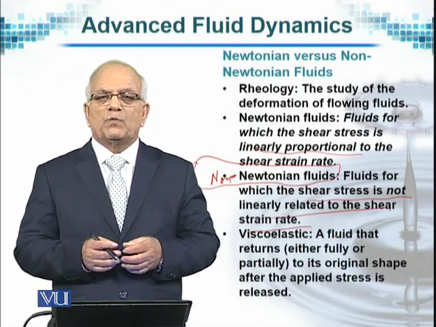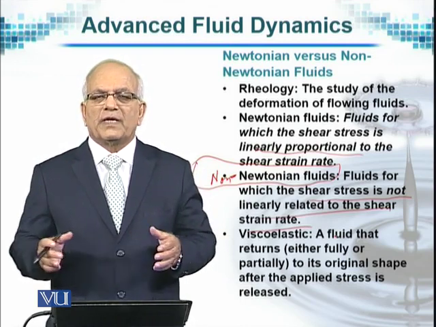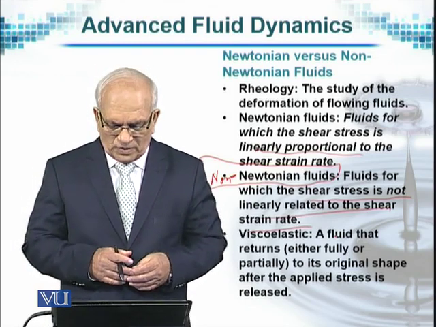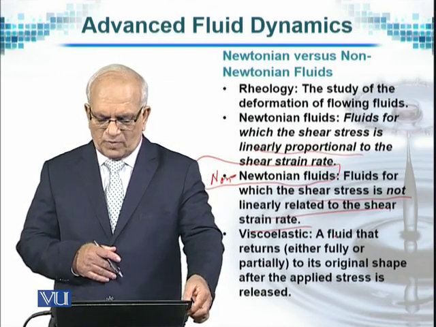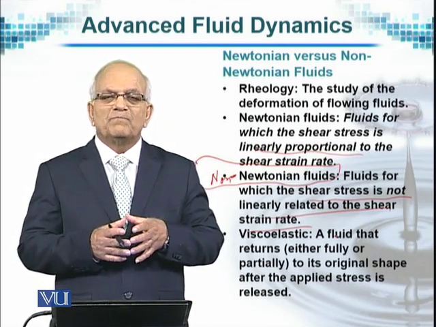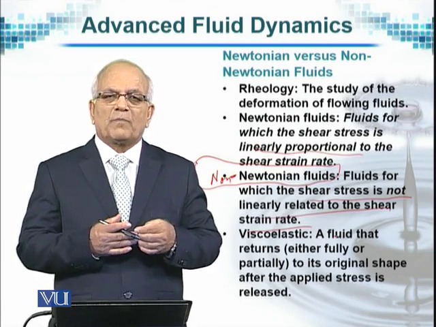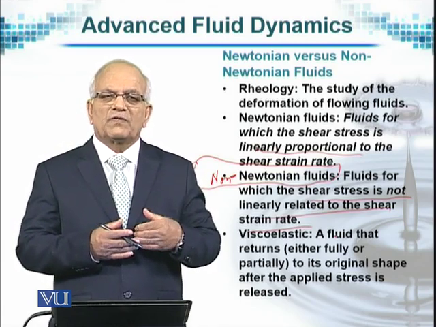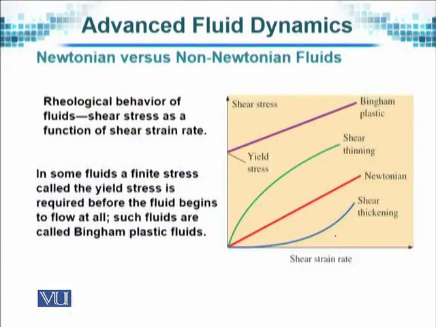If there is a steel wire and we apply a force, there is a strain, and if it comes back, we say that the item is elastic. So viscoelastic means a fluid exhibiting both properties: viscosity, as well as elasticity, that is, coming back to its position.